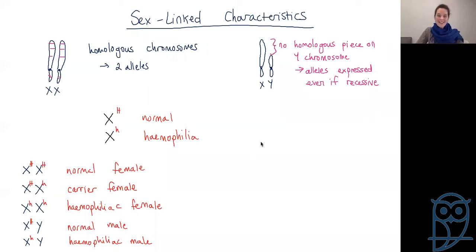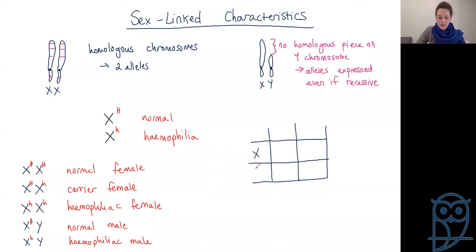So if we then take this and do our Punnett square, so we have a male, we have a female. Then we have, let's make it a carrier female with a normal male. So as far as they know, there's no hemophilia. Okay, then they have babies.